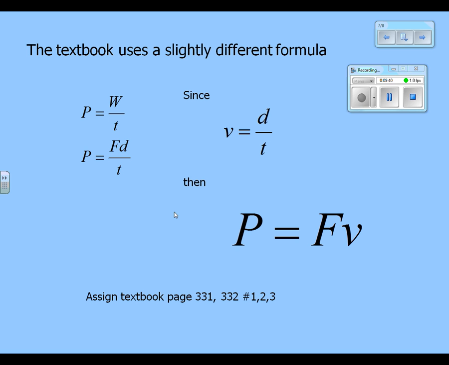Okay, there are some textbook questions on power if you want to try them. There's only 3. It wouldn't hurt to add those to your list of things to do, simply because it's going to force you to use that. Okay?